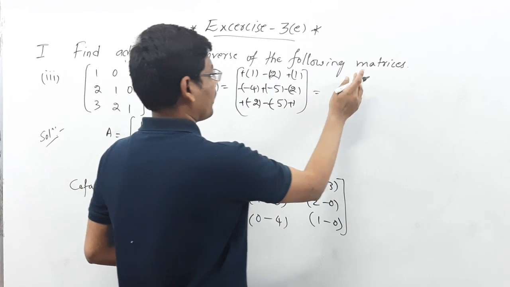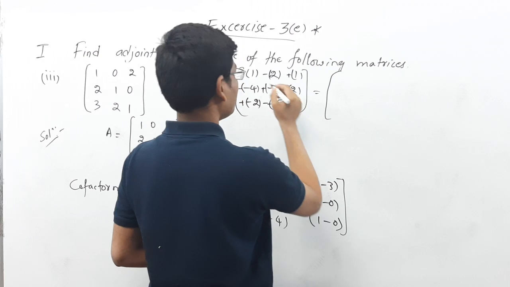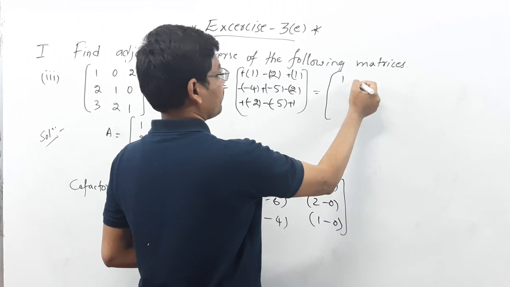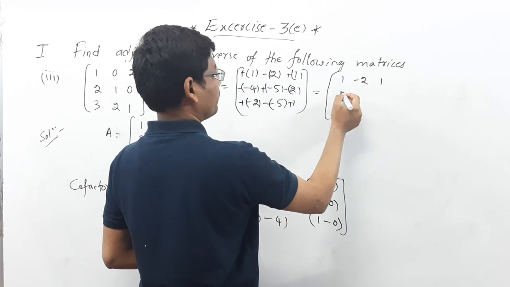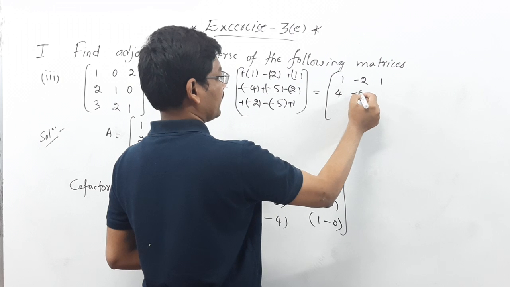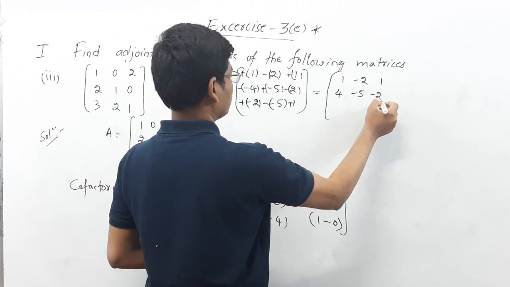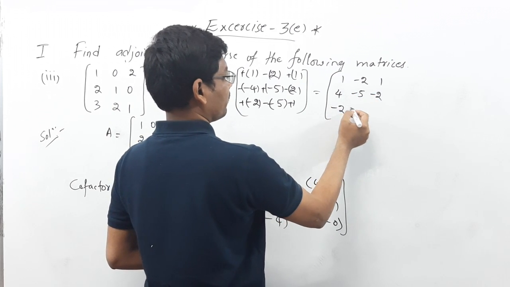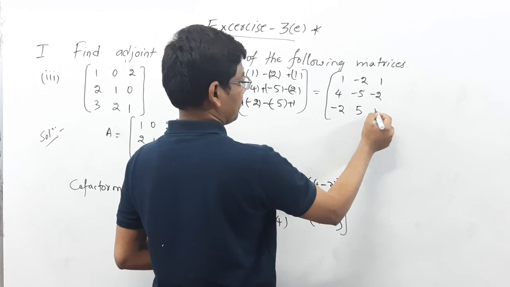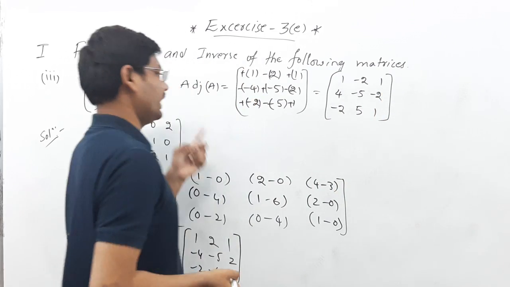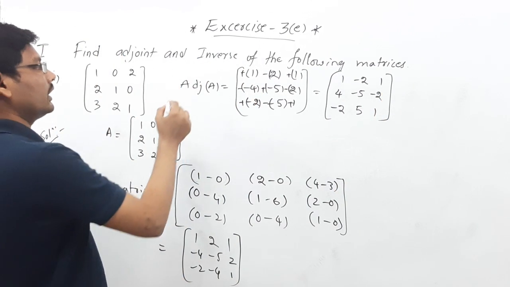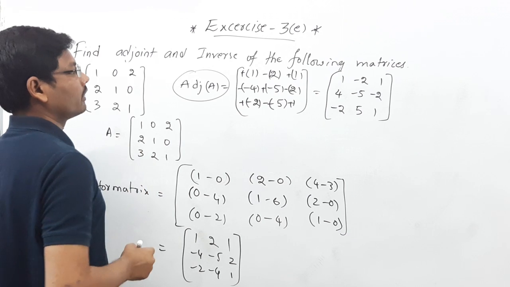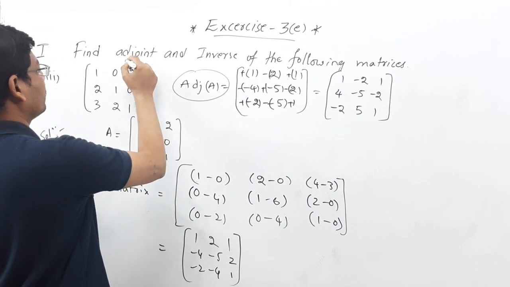So after applying, plus 1, minus 2, 1, minus and minus become plus, minus 5, minus 2, minus 2, minus and minus become plus 5, and plus 1. This is adjoint A, and we have completed the adjoint.